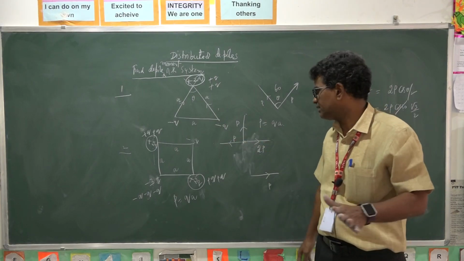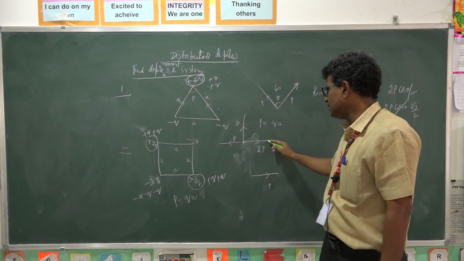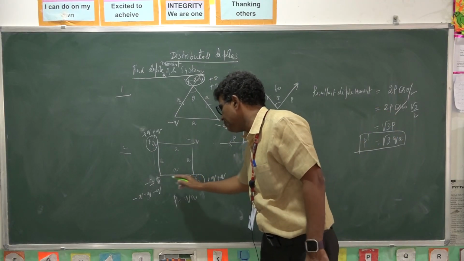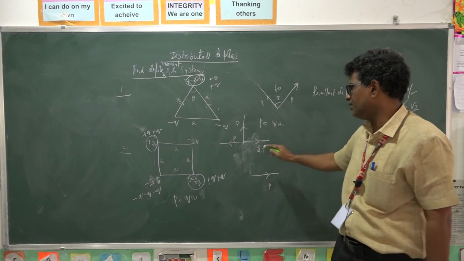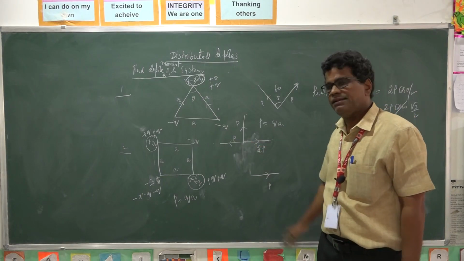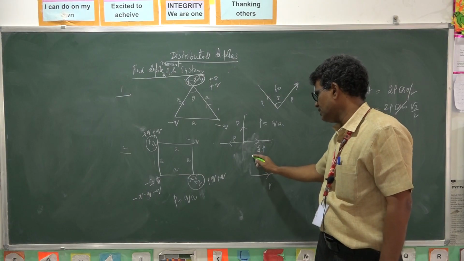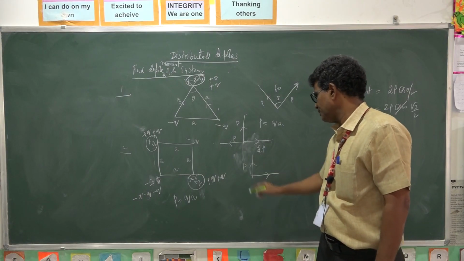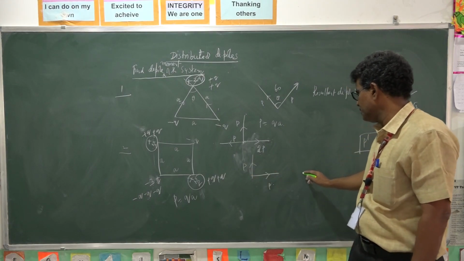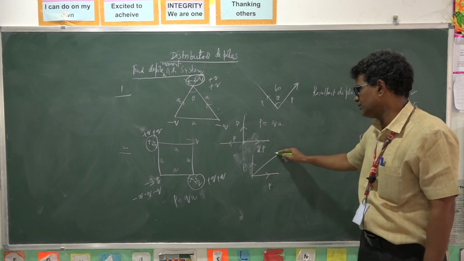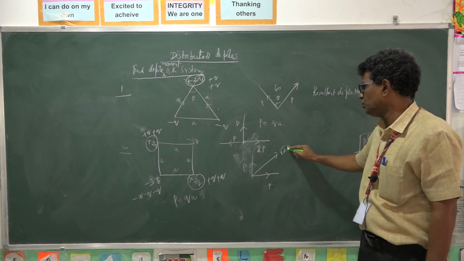These 2 vectors are in the same direction, so p plus p becomes 2p. So 2p and p, add these 2. You will get resultant p in this direction and p. So p, p, add. You will get the resultant in this direction. What is the resultant? Root 2 p.